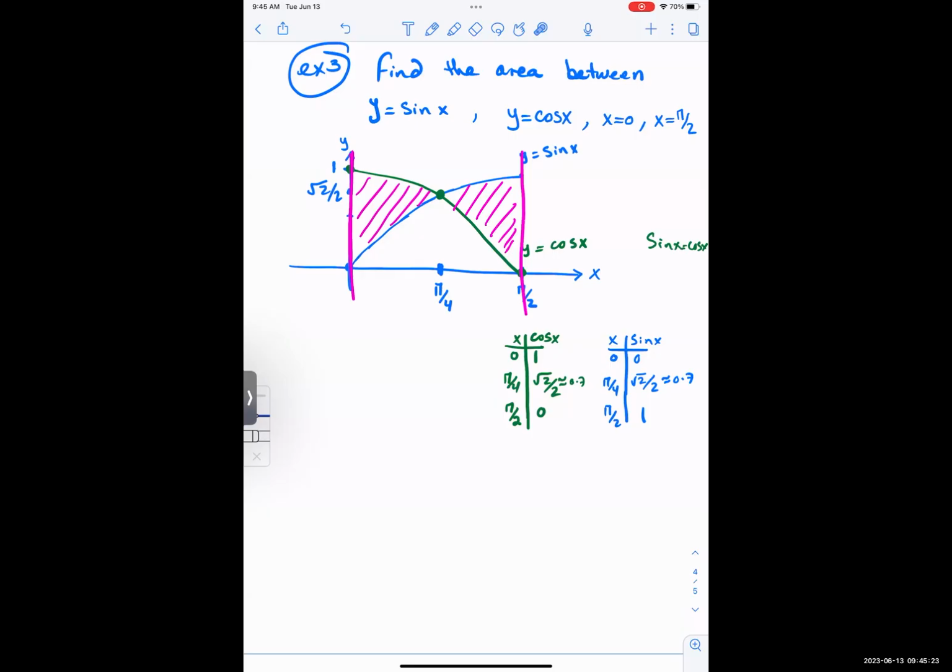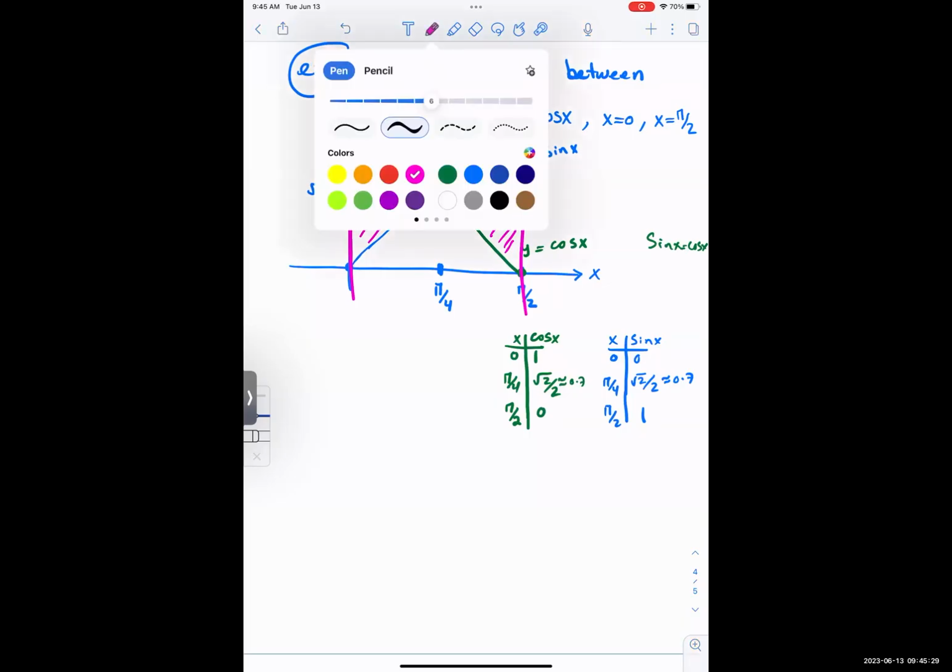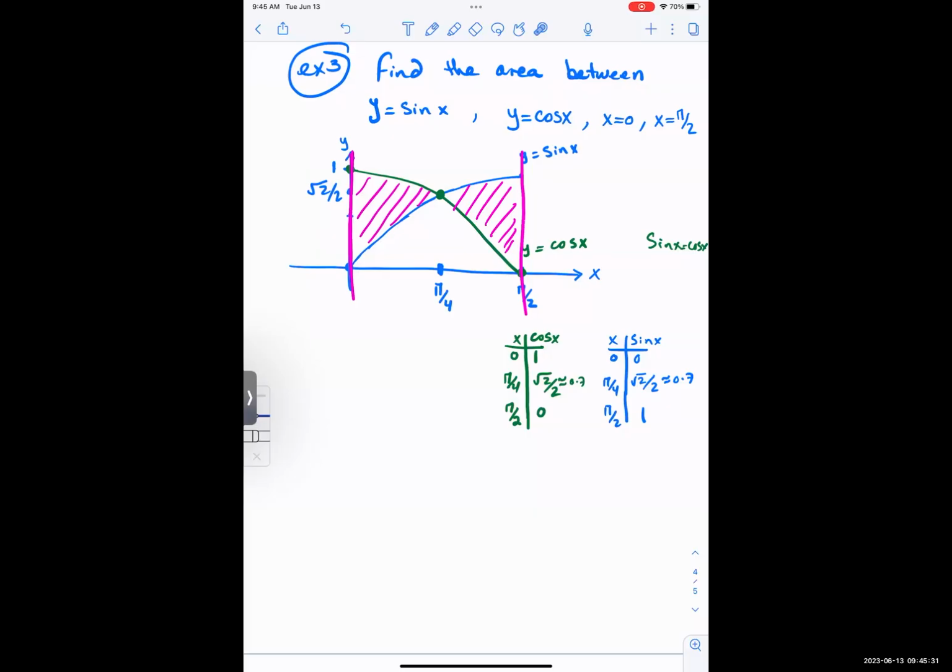Okay. So now, here is the important piece. Just follow along and then answer my question. For the first part, do you see the yellow highlight? For the yellow highlight, tell me what is the top function, what is the bottom function?